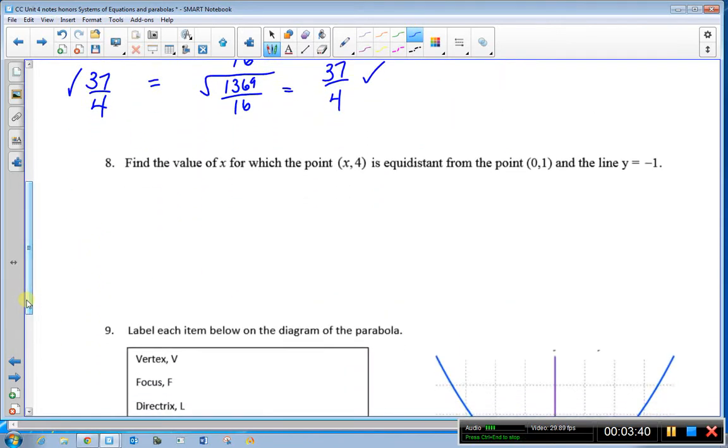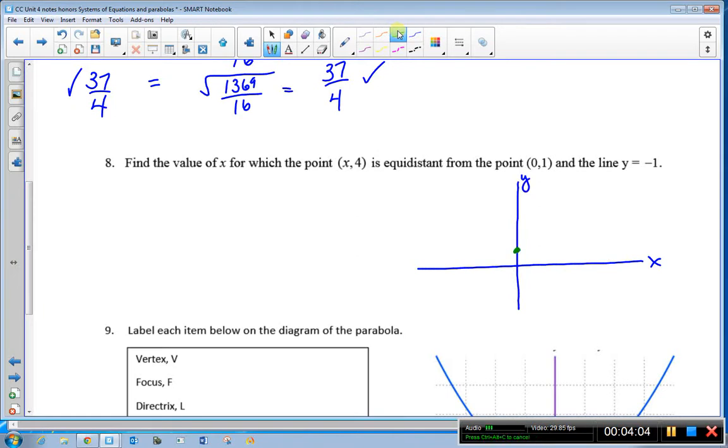Next one, number 8. Find the value of x for which the point (x, 4) is equidistant from the point 0, 1 and the line y equals negative 1. So, all right, let's draw this so we get a better grasp. X and y, 0, 1.